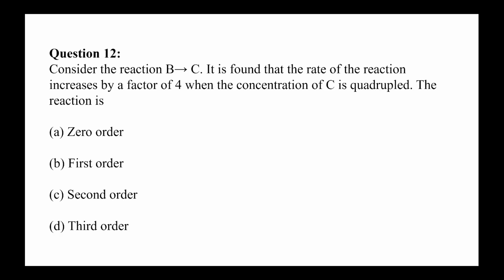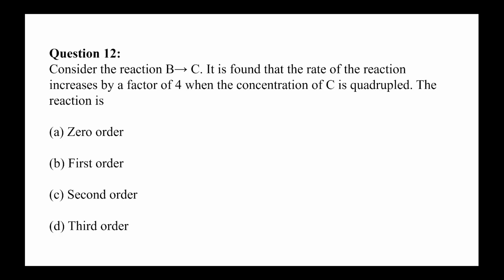Question number 12. Consider the reaction B goes to C. It is found that the rate of the reaction increases by a factor of 4 when the concentration of C is quadrupled. That is, C is increased by 4, or C becomes 4 times. So the order of the reaction is: option A 0, option B first, option C second, and option D third.